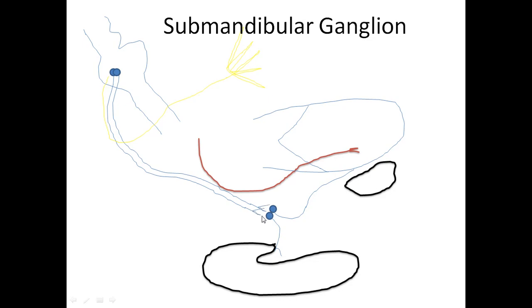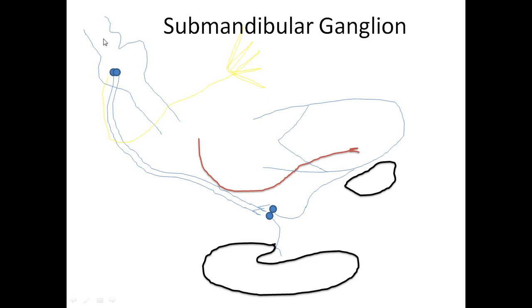You can see the axons are ending here, and a new set of neurons begins from here, and their axons will travel. These are the postganglionic fibers from the submandibular ganglion, which pass directly to the submandibular salivary gland, causing watery secretion from this gland. A few of the postganglionic fibers take the help of the lingual nerve again to pass forward and supply the gland underneath the tongue, called the sublingual salivary gland.